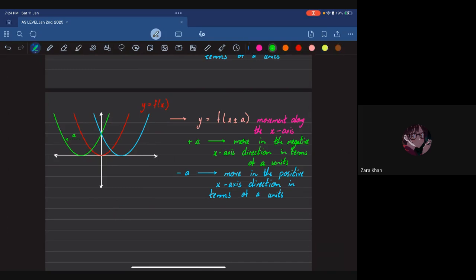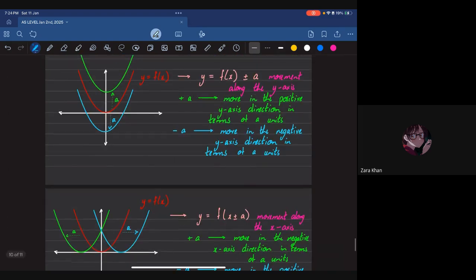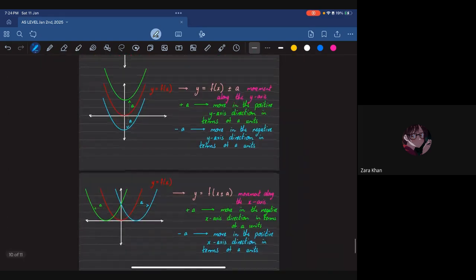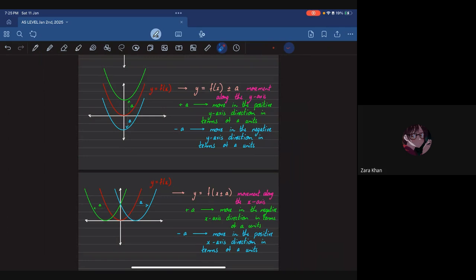The magnitude of your movement is determined by the magnitude of a. Clear, guys? Any issues with this? It's the same thing as we saw above. The only difference is that above it was movement along the y-axis, and now it's movement along the x-axis, and it's a bit of inverse movement. Inverse in the sense that if it's positive a, you move in the negative direction, and if it's negative a, you move in the positive direction. Clear? Okay.